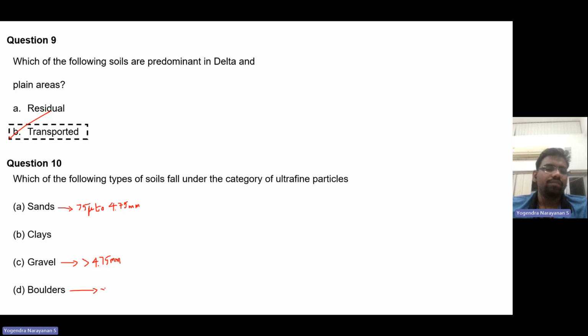Boulders will be approximately 200 to 250 millimeters, and clays are usually less than 2 micrometers. It is 2 microns.